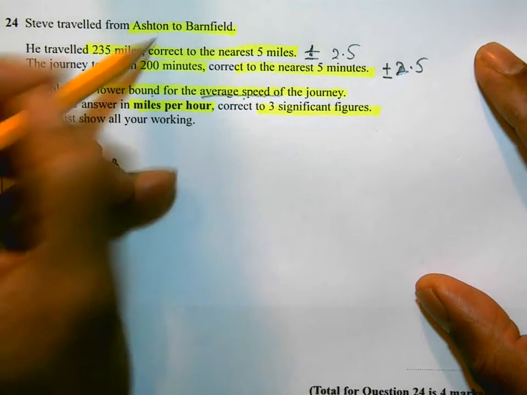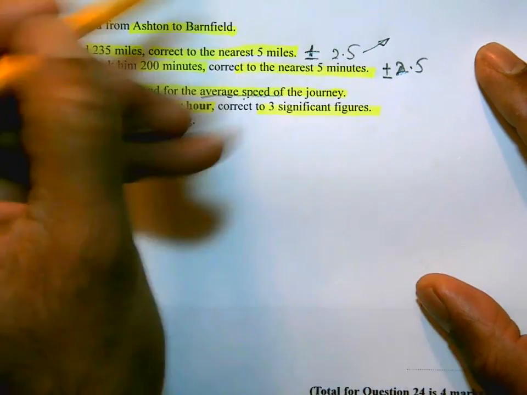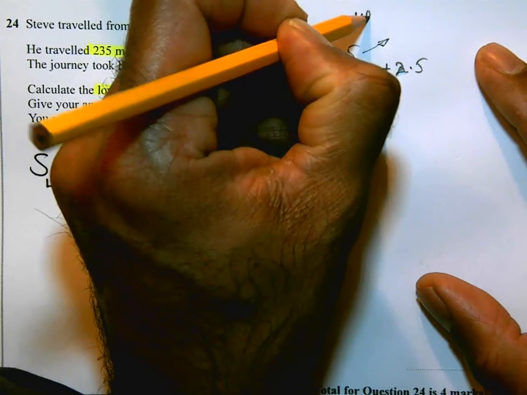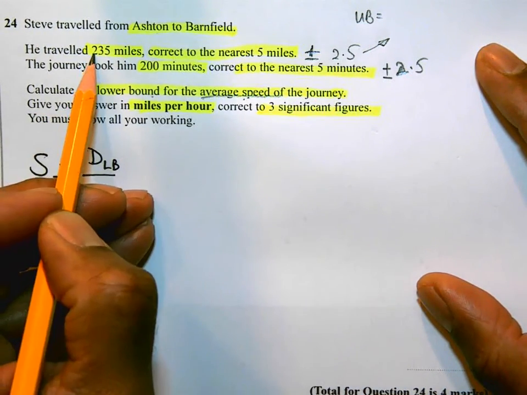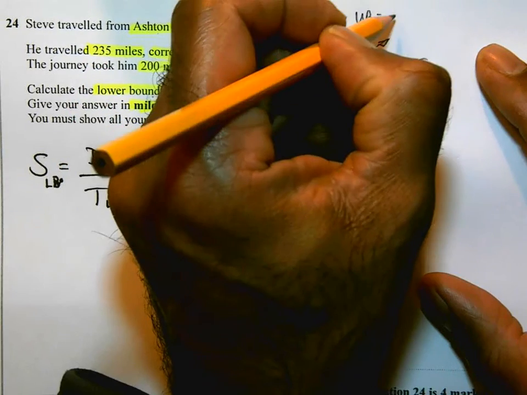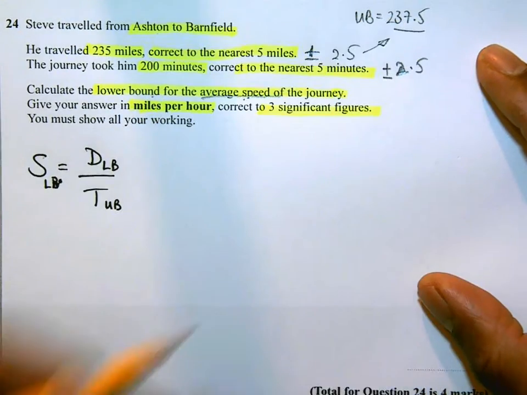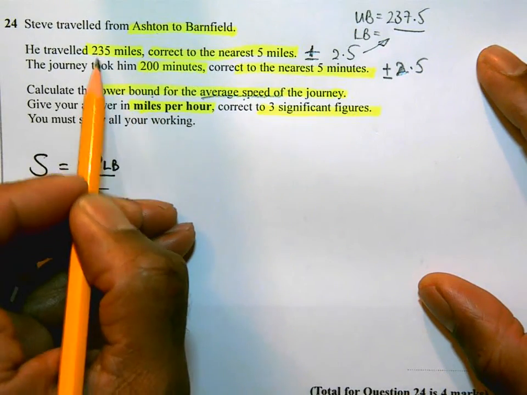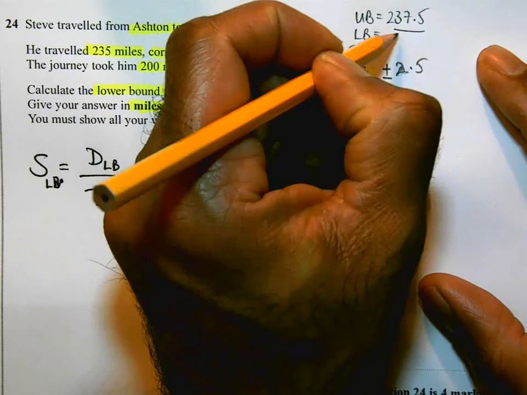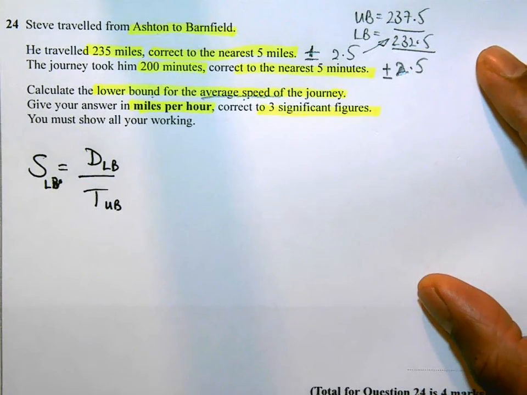If I go back to the top and look at these times and distances. So his distance, I'm just going to write both of them here. His upper bound is going to be that plus 2.5 miles, which is 237.5 miles. His lower bound is going to be 235 take away 2.5, so it's 232.5.